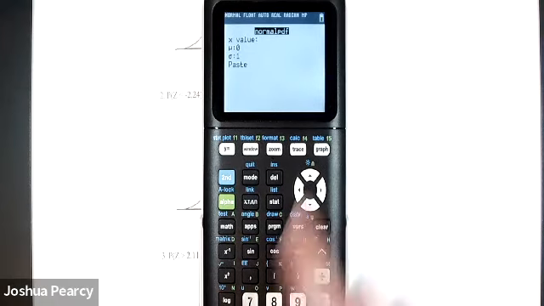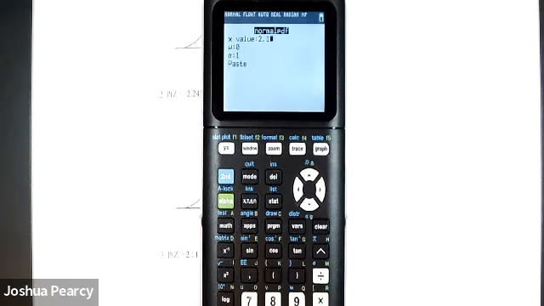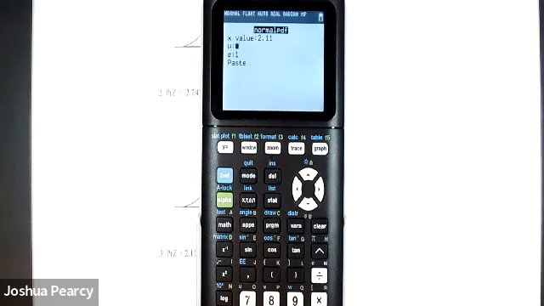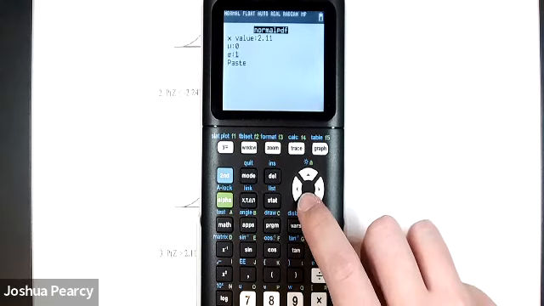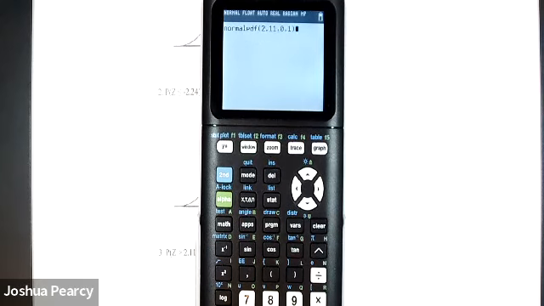For the X value, in this case we're just dealing with z-scores, so put the z-score here. 2.11 is the one we're looking at. The mean of the standard normal is 0. The variance is 1. To find the area, I just go down, hit paste, hit enter.